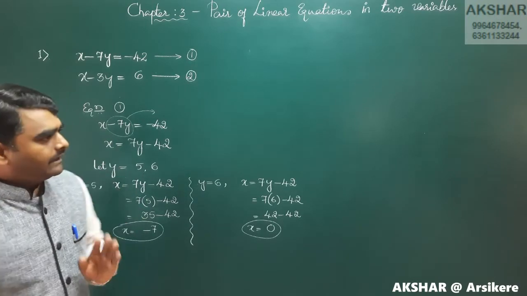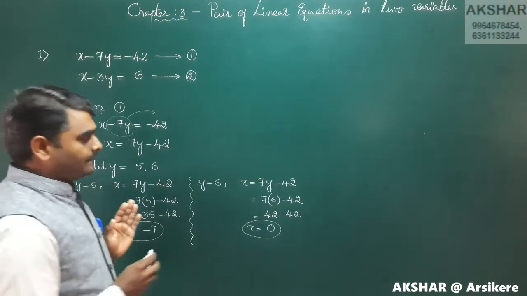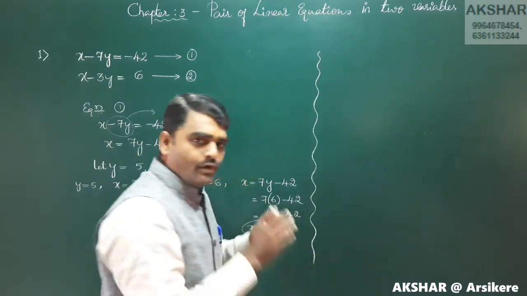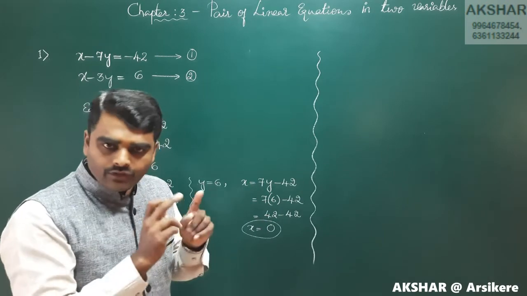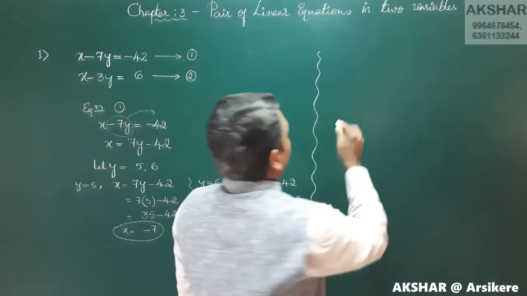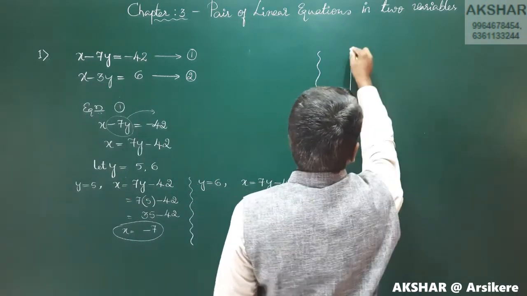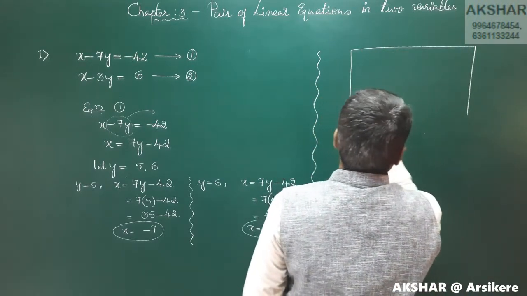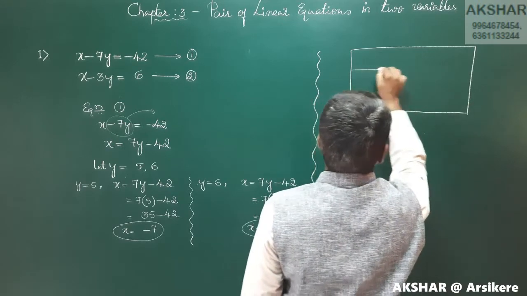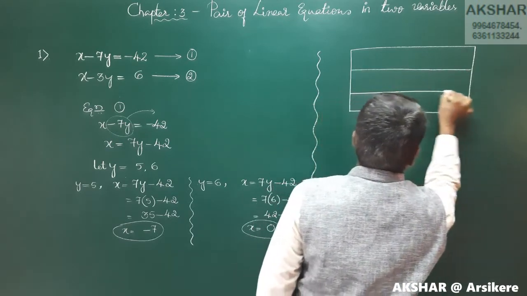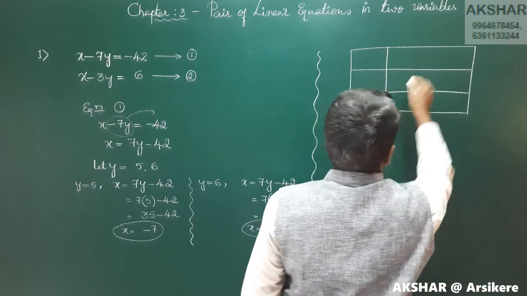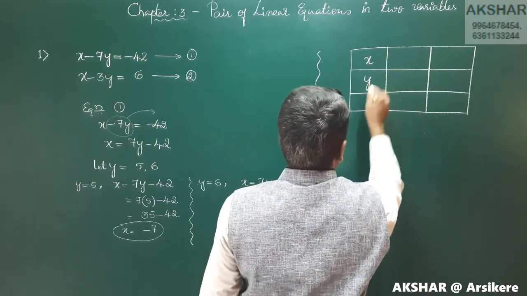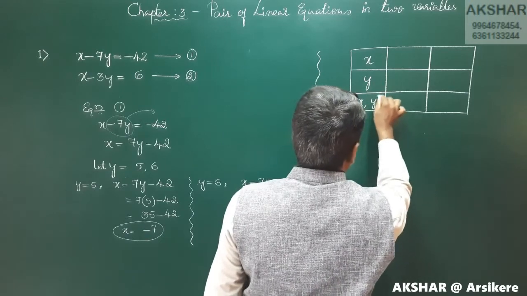Yes, my dear children, observe carefully. Can I write these values in a box, in columns? For example, a box is like this. Say this is the x, y and x comma y.